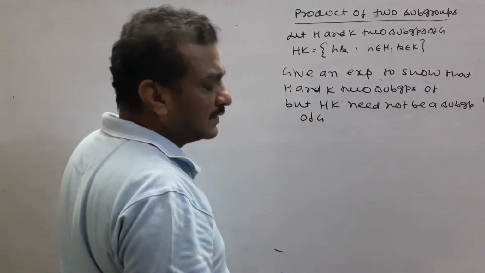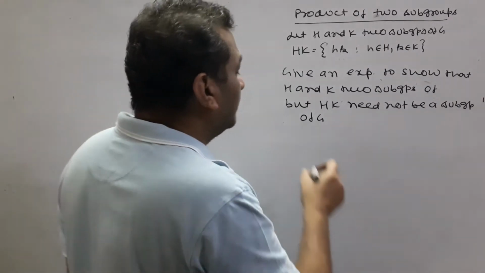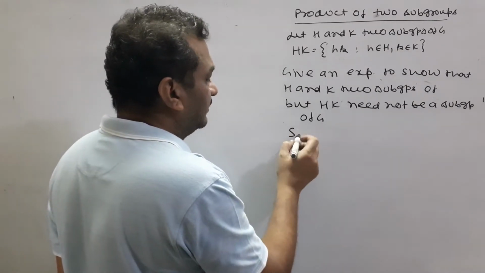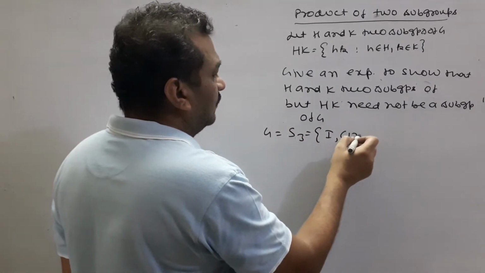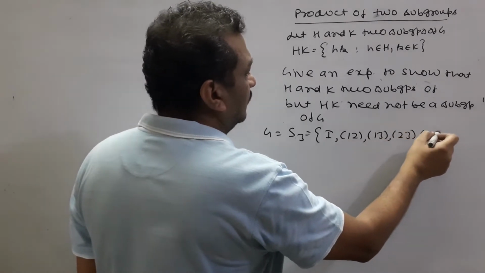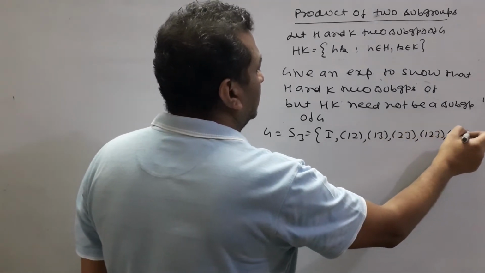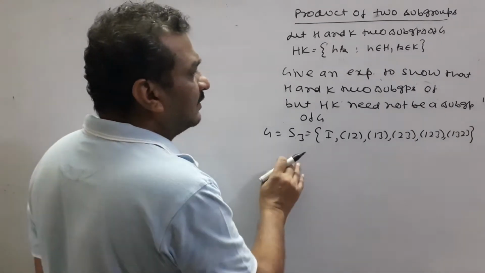Okay beta, my favorite example, the symmetric group S3: I, (1 2), (1 3), (2 3), (1 2 3), (1 3 2). Consider the symmetric group, beta.